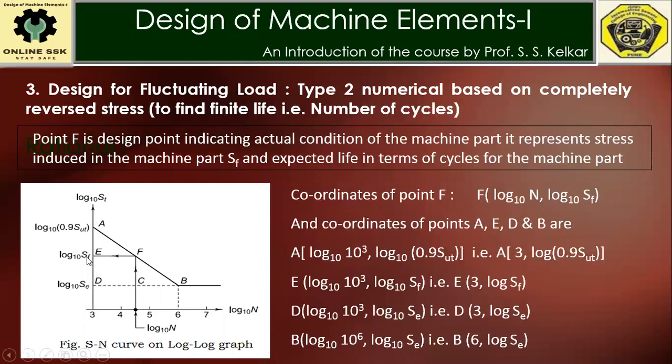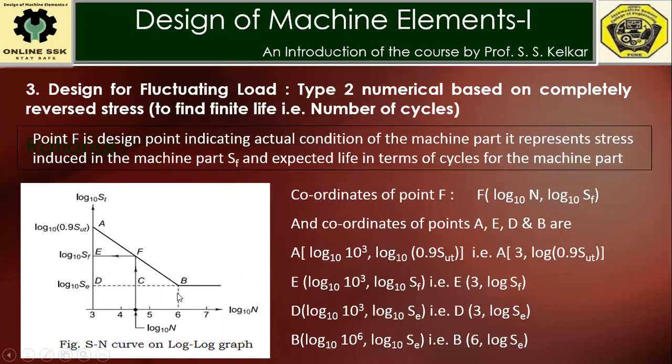The fatigue stress induced due to fatigue loading will be SF, so log of SF to base 10 is the y coordinate of point F. Then point D has x coordinate 3, y coordinate log of AC to base 10.